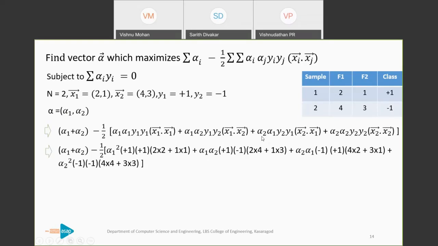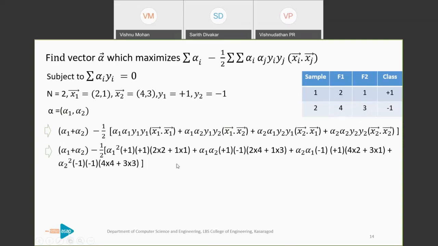Taking the dot product of x1 with itself, it is 2 into 2 plus 1 into 1. Dot product of x1 with x2, 2 into 4 plus 1 into 3. Dot product of x2 with x1, 4 into 2 plus 3 into 1. Then dot product of x2 with x2, 4 into 4 plus 3 into 3.